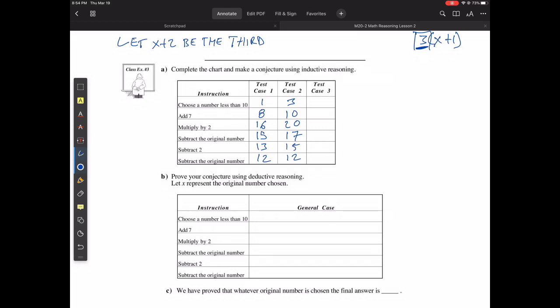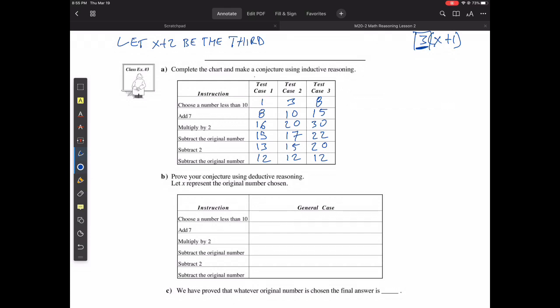Let's pick another number. Let's say the number is going to be 8. So I'm going to take 8, and then I'm going to add 7 to get 15. I'm going to multiply by 2 to get 30. I'm going to subtract 8 and get 22. Subtract 2, and I get 20. And subtract 8, and I'm going to get 12.